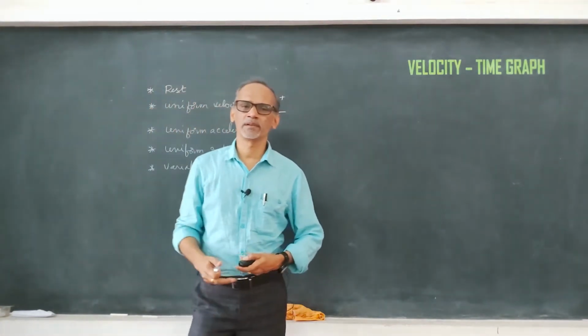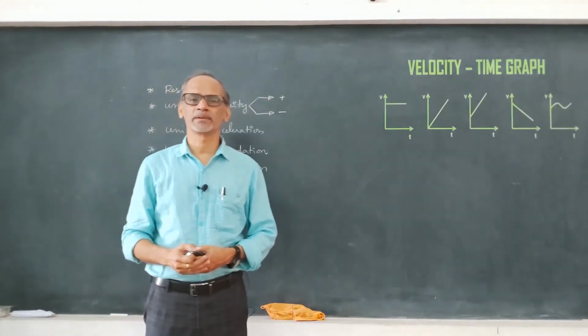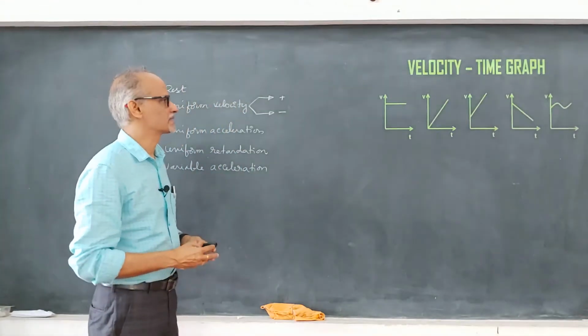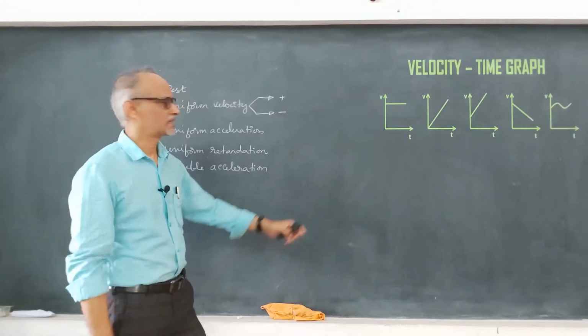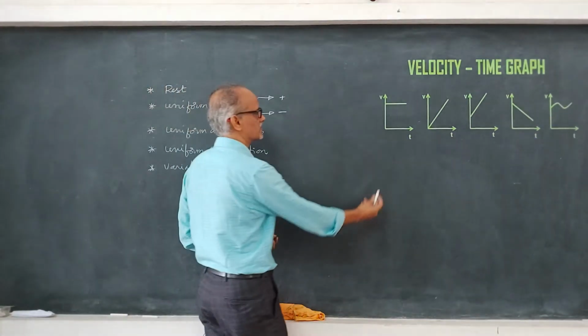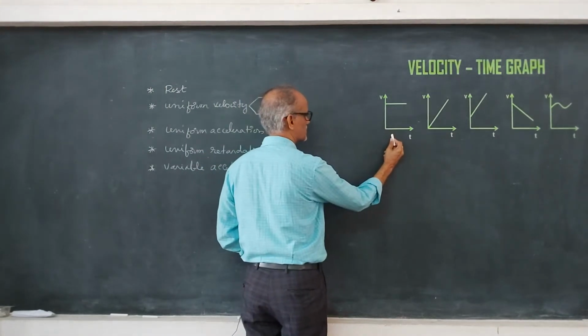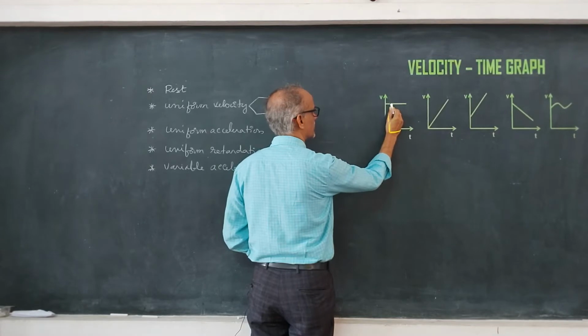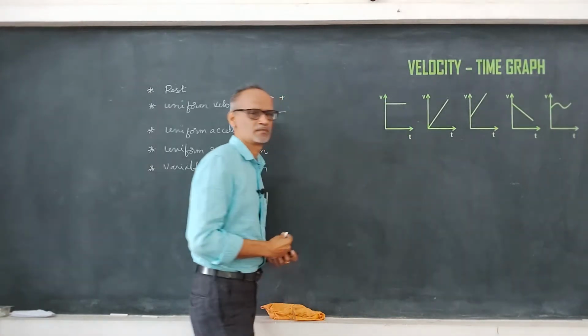So, let us see which are the various shapes of the graph that we come across. Altogether there are 5 graphs. Let us analyze one by one. Look at graph number 1, the first VT graph. In this case, you can see as the time increases, velocity is the same. There is no change in the velocity.